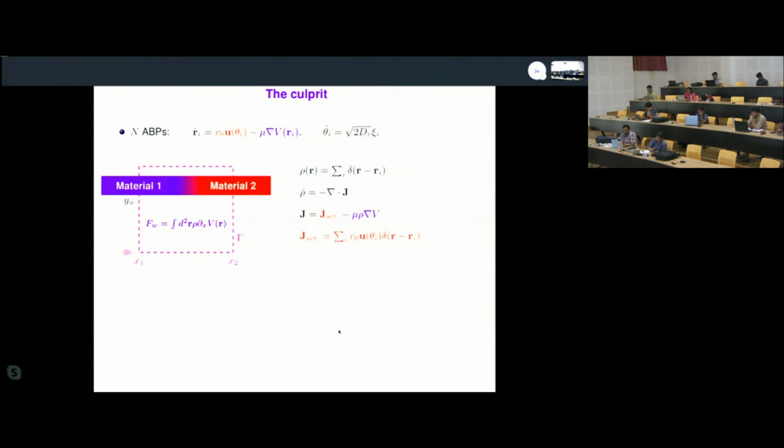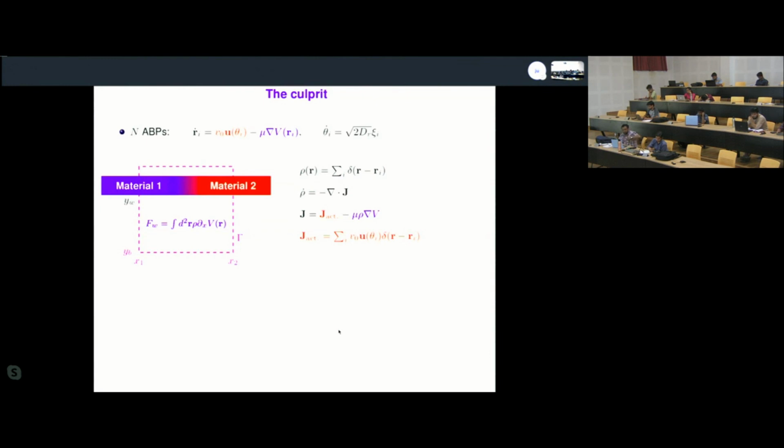One term, in red, is the contribution to the current of the self-propulsion, J active. It's simply the sum over i of v0 u of theta i, delta of r minus ri. And then in blue, you have the contribution to the current due to the external force, which is minus mu rho grad V.